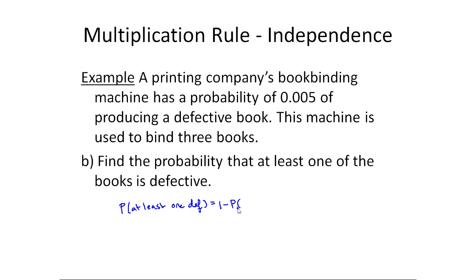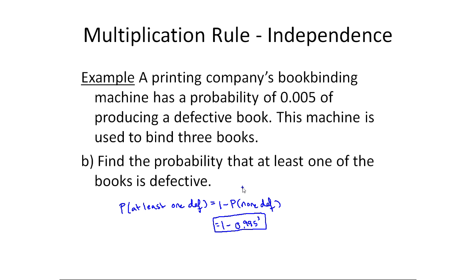So what's left out? None are defective. In other words, this is 1 minus the probability non-defective, which is what we had before. So that's 1 minus 0.995 cubed. So in using the complement and the fact that they're independent, I'm able to find this probability.